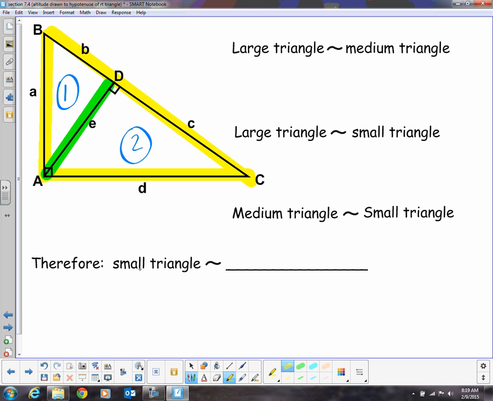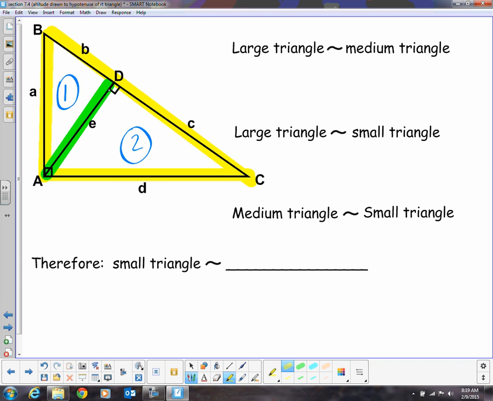So I don't know why I have this. I think I should not have written this, and that was my conclusion. 7.4. When the altitude of a right triangle is drawn to its hypotenuse, it separates it into 2 similar triangles that are similar to it.